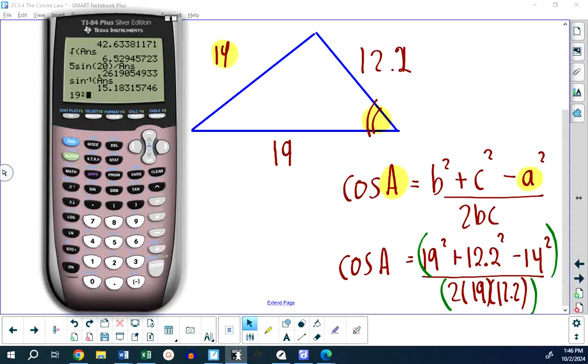I go 19 squared plus 12.2 squared minus 14 squared. I hit equals. And those of you that have me for Physics 20 will be more familiar with this idea. I don't multiply that out. I just say I have to divide by 2, divide by 19, divide by 12.2. That's the equivalent of dividing by the product of those things. And now I go inverse cos, and I have my answer.